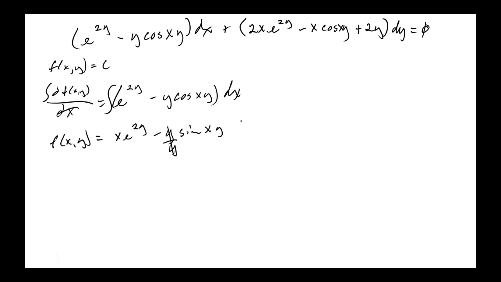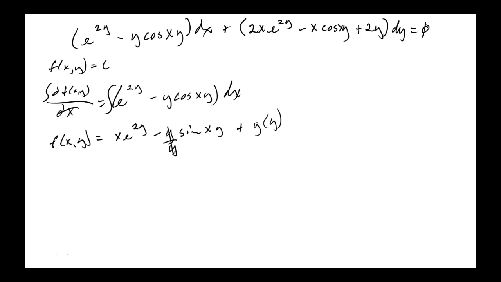One more thing. That's an indefinite integral. Hint, hint. Plus. Say again? No, it isn't. G of y, because you're integrating with respect to x, it could have a y in it. Yeah. Okay.